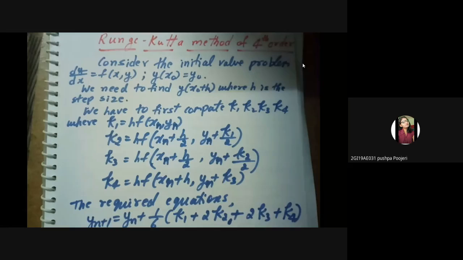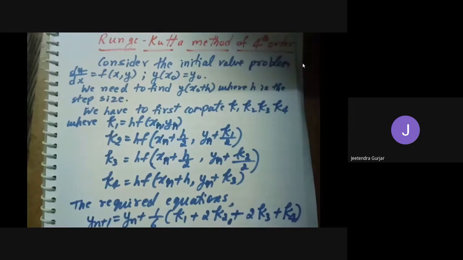Actually, the derivation was there, but in your syllabus, derivation is not there. So I'm just giving the formula directly. When we consider the initial approximation, at the end we are not going to divide the interval, because we have already got the approximations, so no need of dividing the interval again.